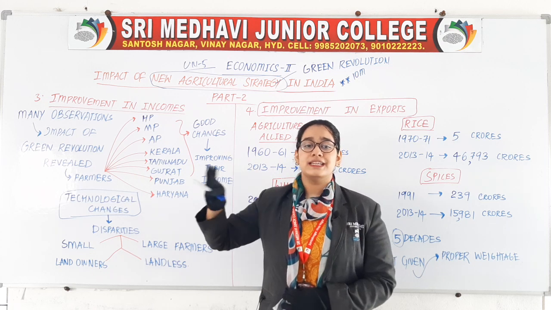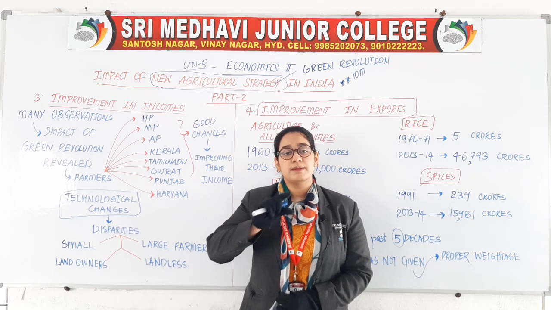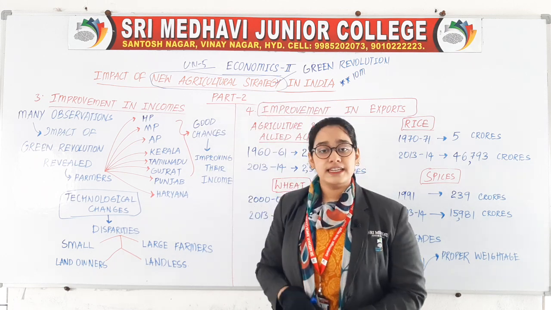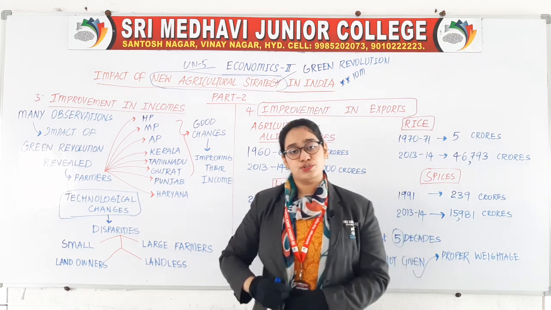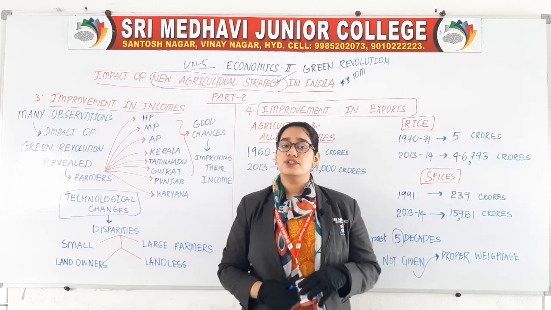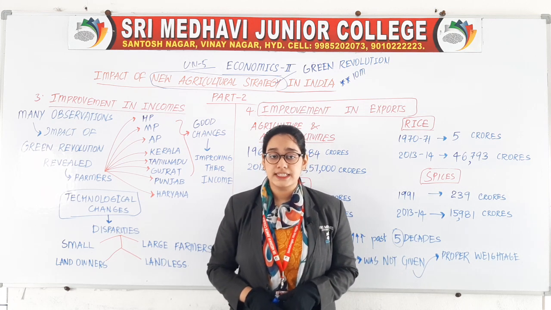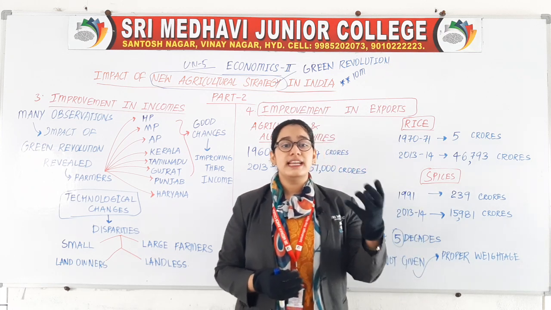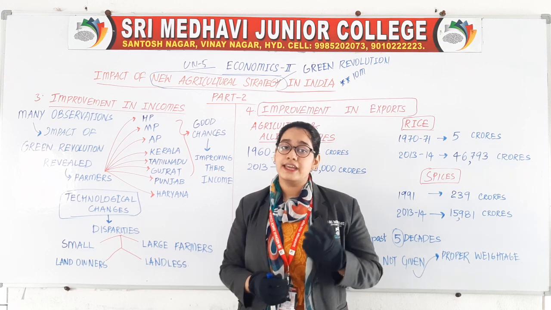to eliminate this problem, the government came up with a new agricultural strategy in India, which is also known as the Green Revolution. What is Green Revolution? Use of high yielding variety, HYV seeds, pesticides, fertilizers, new latest technology, inputs and skilled labor.